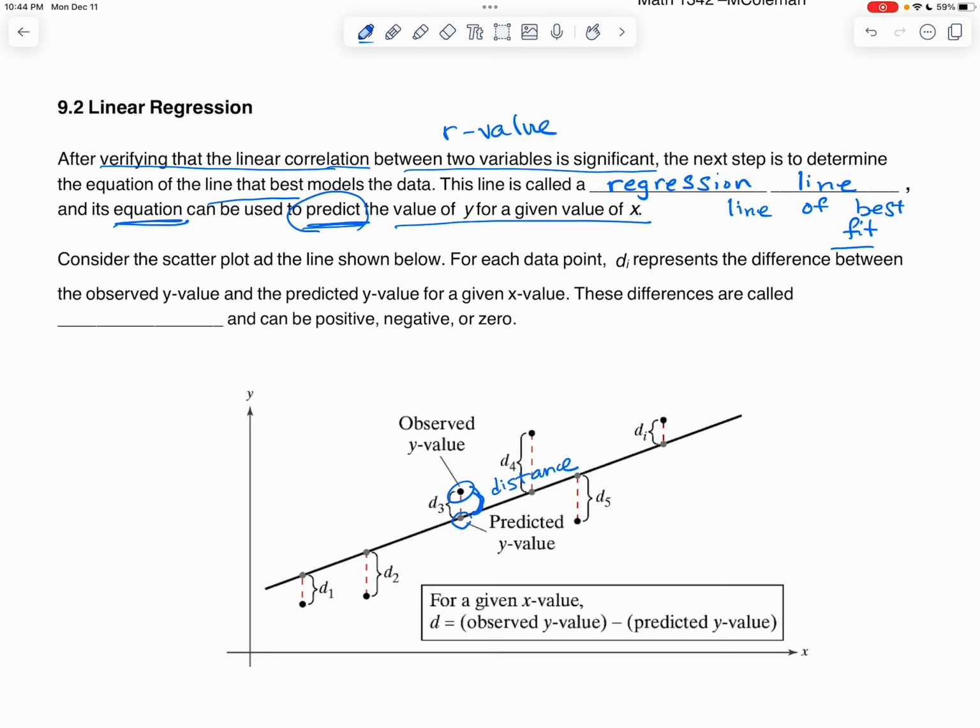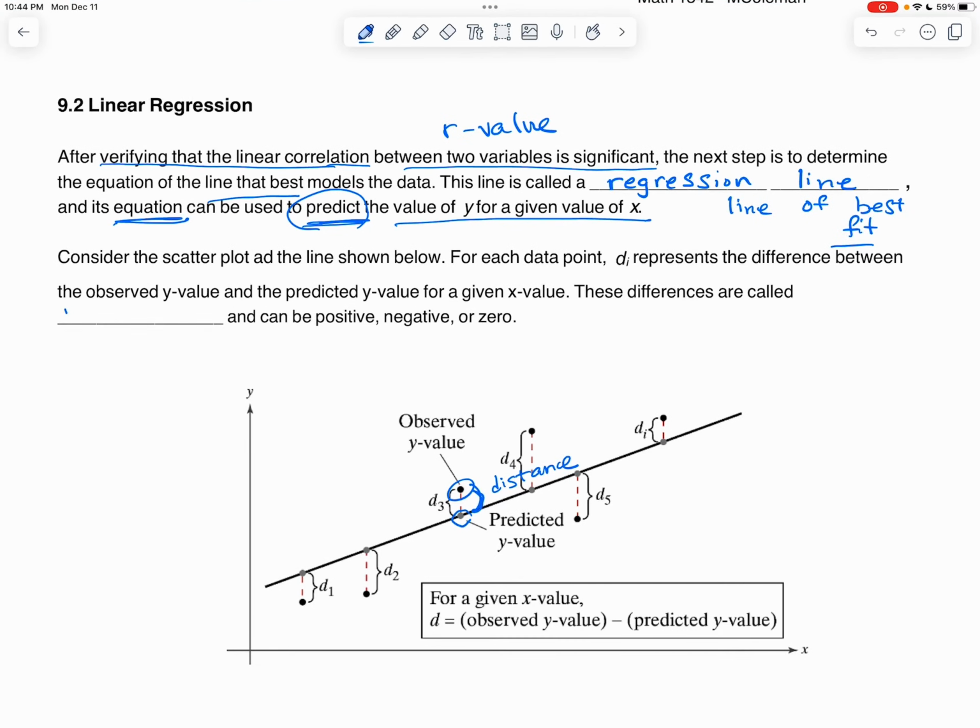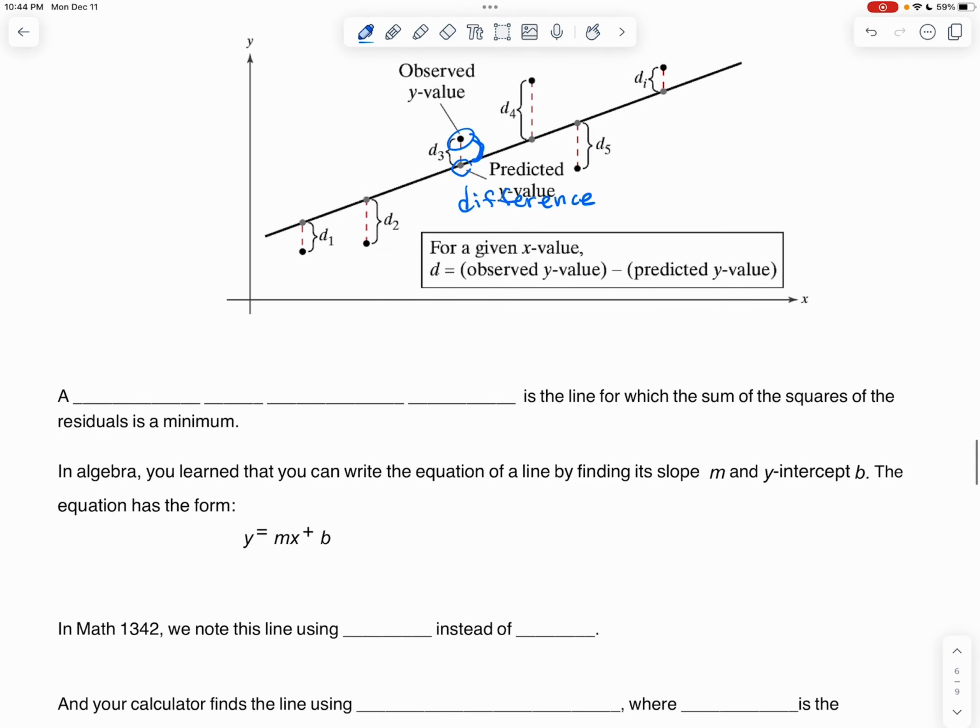And that difference between those two is called a residual. And it can be positive, it can be negative, and it can be zero. Distance may not be the best word here. It might do better if we actually put difference, the difference between the two. It is a distance, but we'll talk about difference.